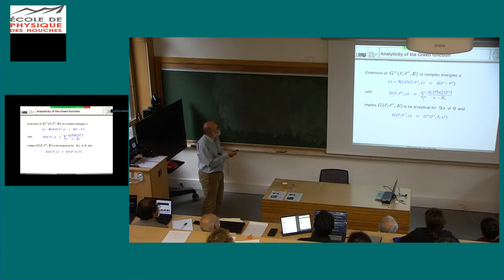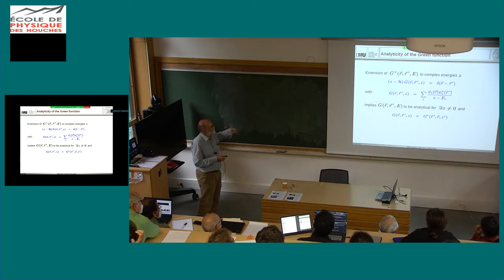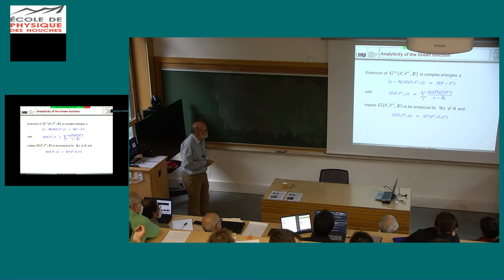And that means, of course, that the plus disappears. So we have just the Green's function as a function of a complex energy. And now, as long as we avoid the real axis, we can write it down without that limiting process. And that means the Green's function can be obviously evaluated at any Z value in the complex plane, and most important for us, it's analytical.